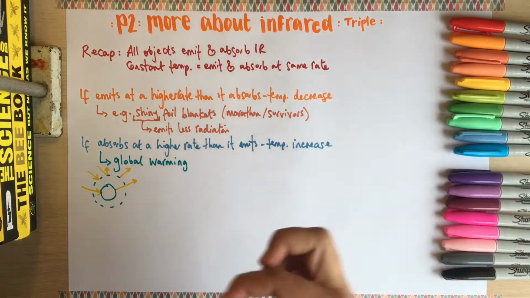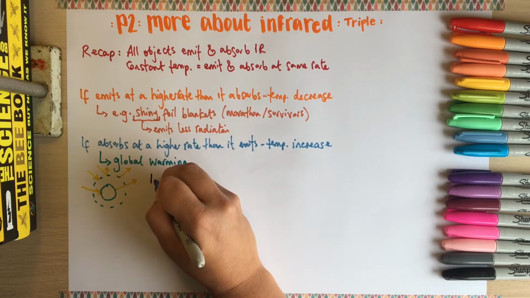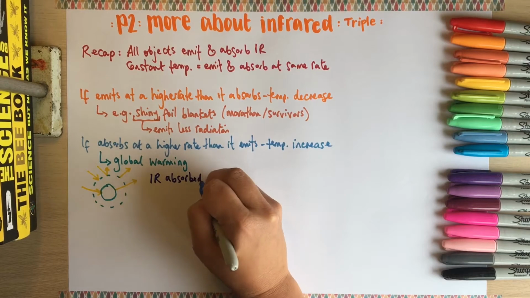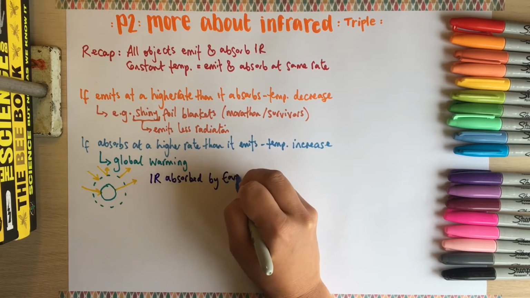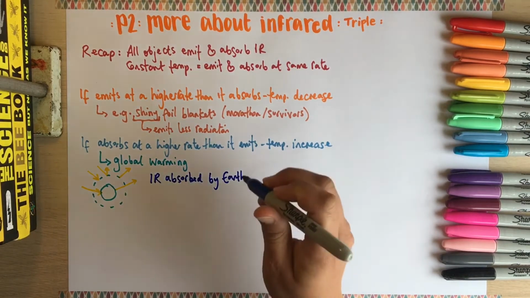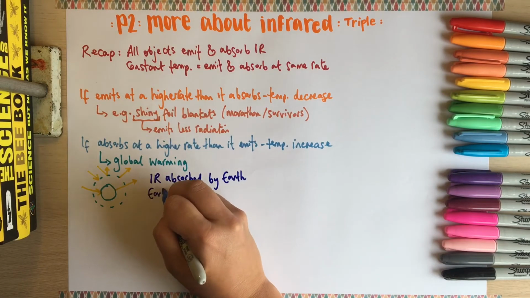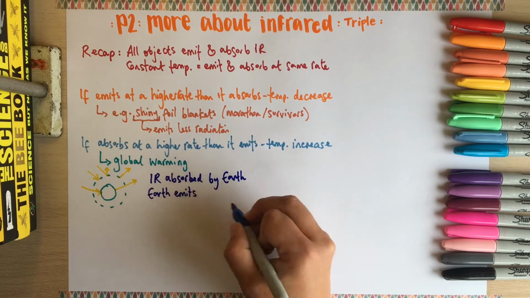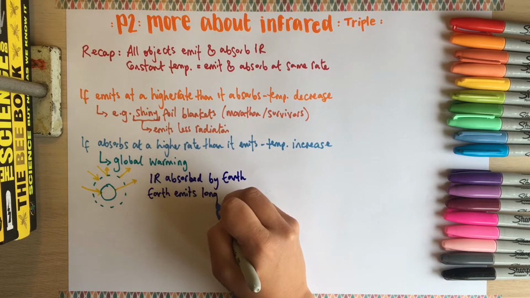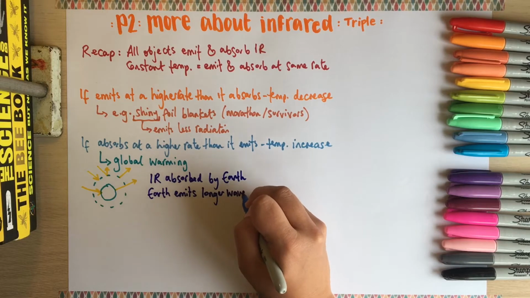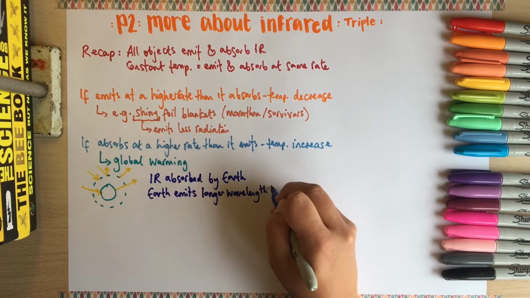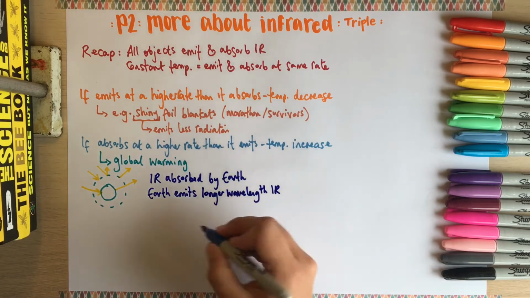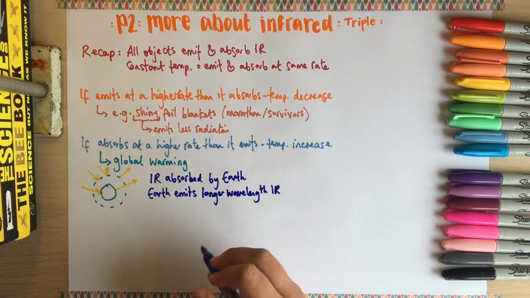Let's think about it like this. So we have infrared absorbed by the Earth, so by the ground, and then the Earth re-emits this radiation, and it is a longer wavelength. So the wavelength increases, okay? And then in the atmosphere there's certain gases.